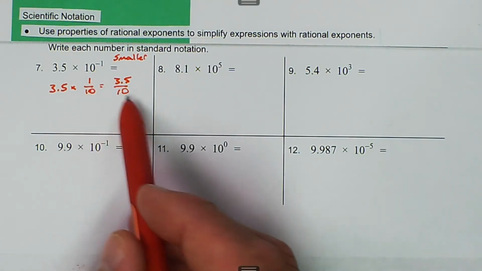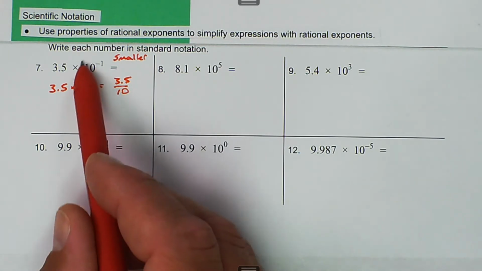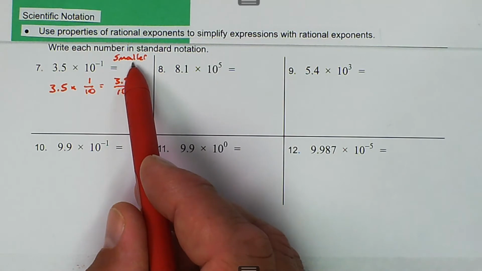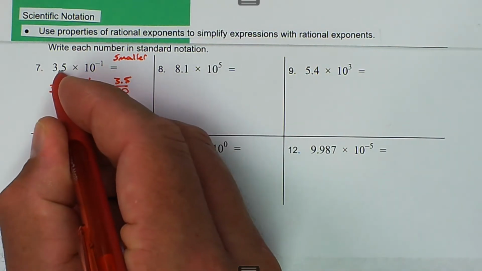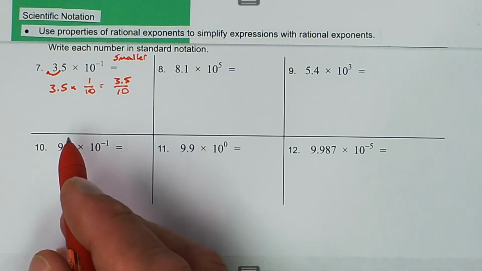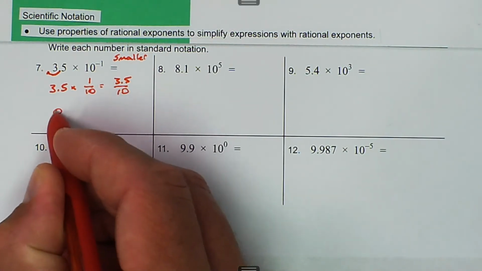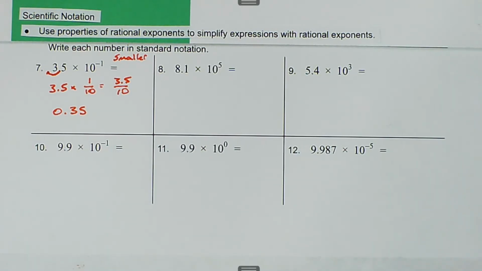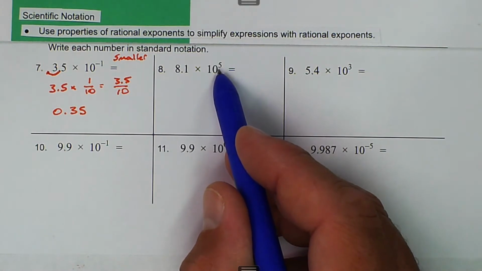So whenever that's negative, we're actually dividing by whatever that exponent is. So the number is going to get smaller, so we move the decimal point that many places to the left. So this ends up being 0.35.